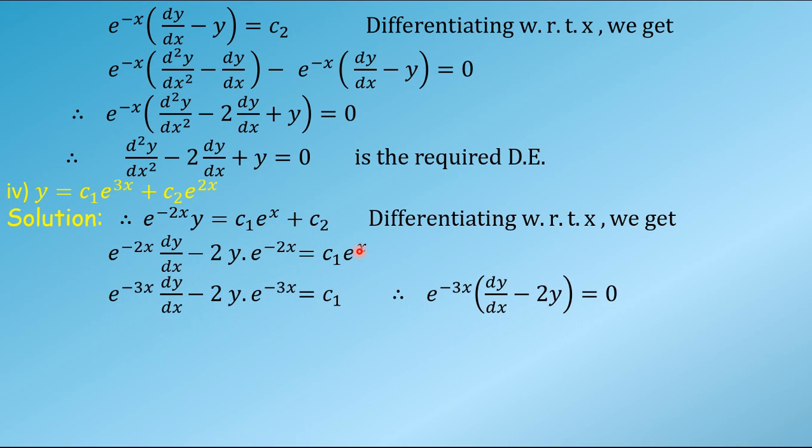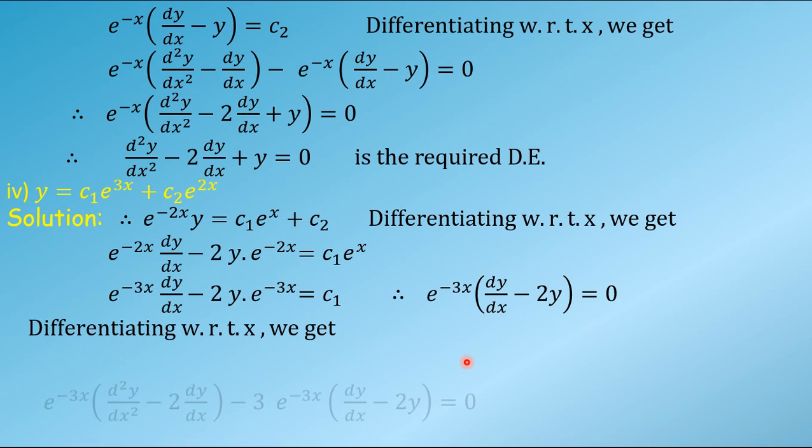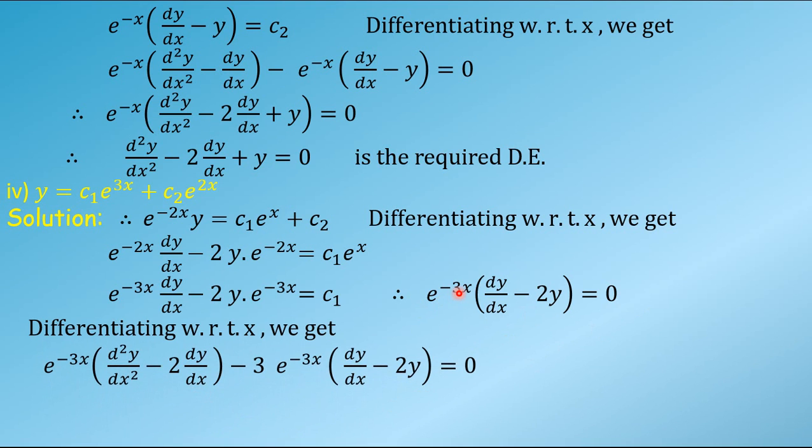Now e raised to x I want to make free, so multiply by minus e raised to x on both sides to each term. We will get up to this one, e raised to minus 3x is common, we get this one, differentiating. Actually here it should be c1. On differentiating, e raised to minus 3x d2y by dx square, again product rule is being used.